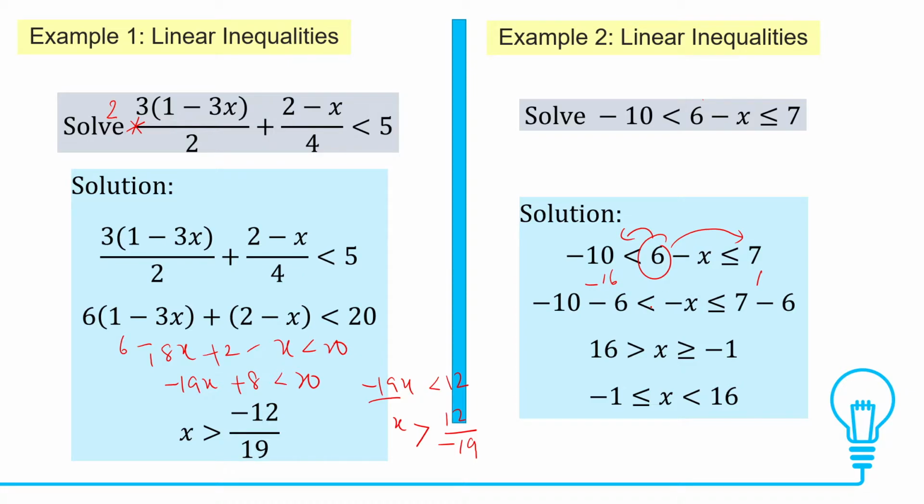After that, I need to divide by negative 1, or you can say multiply by negative 1 also can. The left-hand side will become 16, and this is x, and from less than it changes to become greater than. Normally we write the answer in this form, but you can always leave your answer this way, it doesn't matter.